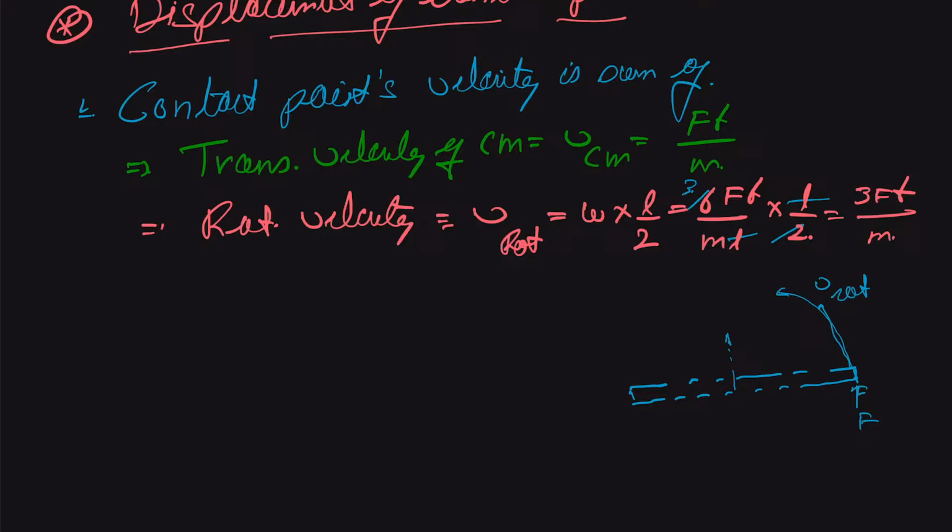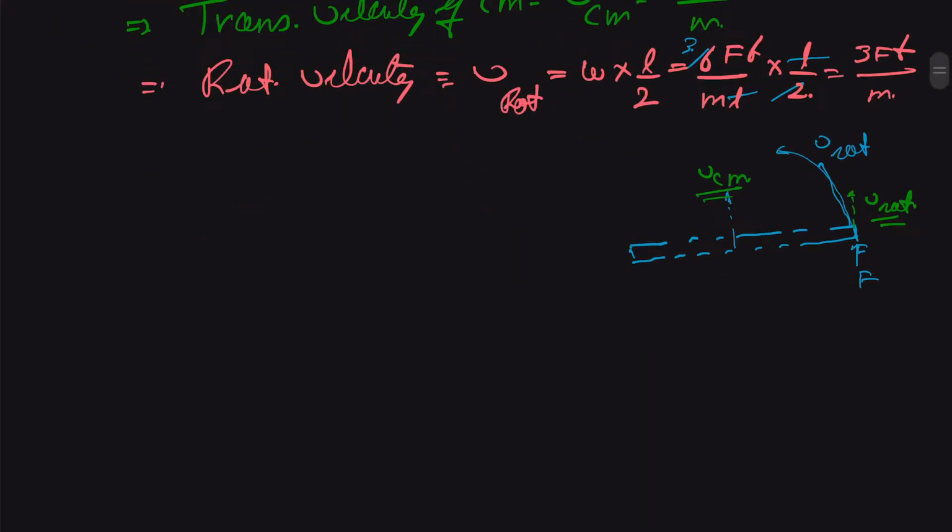But here this rotational angle is very small, therefore we can draw a conclusion that this V rotation will be perpendicular to the rod, and this is our VCM. So velocity of the center of mass as well as the velocity of rotation are in the same direction.